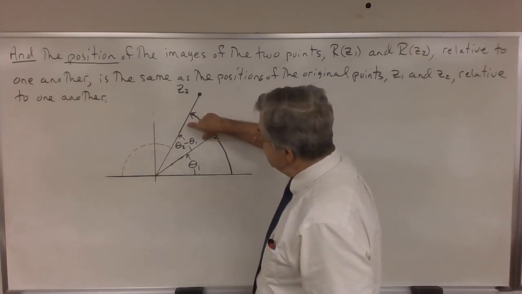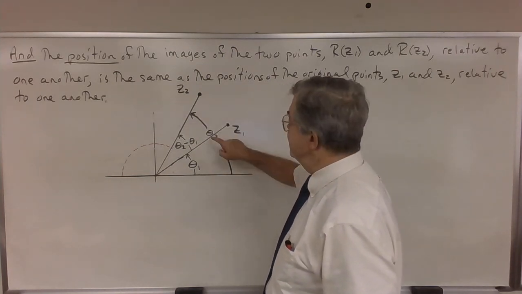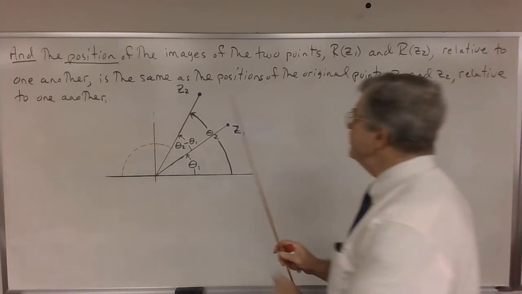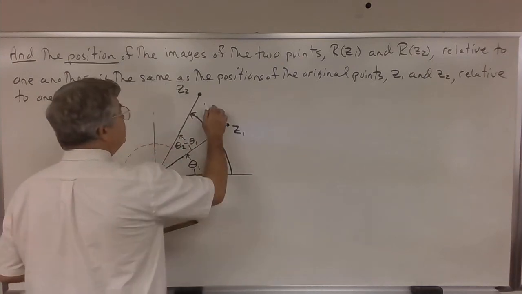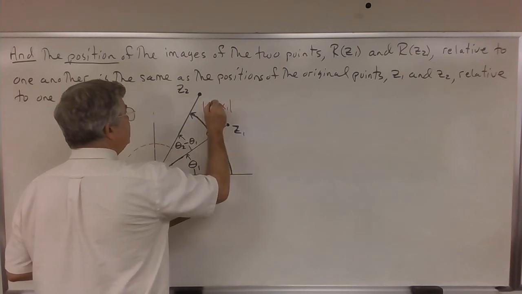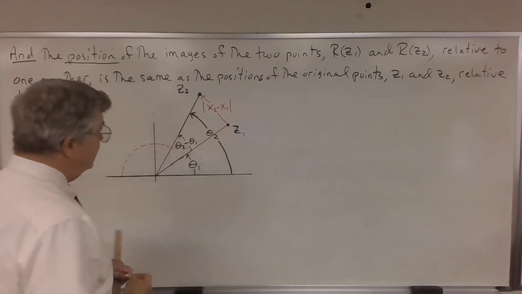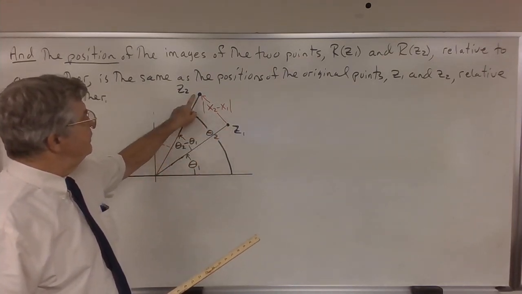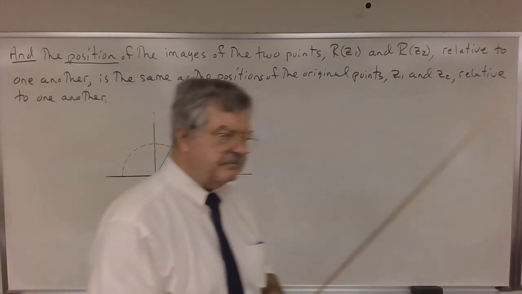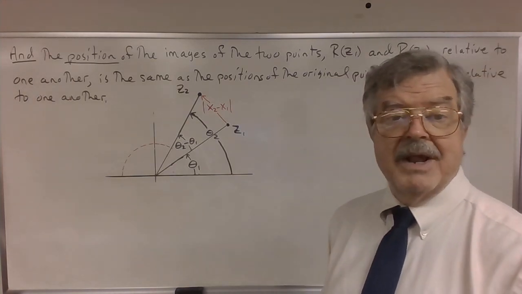And the angle between them is theta 2 minus theta 1, the difference of these 2 angles. And I guess I should also add something else in here, the distance between the 2 points themselves. And that's the modulus of z2 minus z1. So the distance between z1 and z2 is the modulus of z2 minus z1. Now let's rotate these things through an angle of alpha and see what happens.